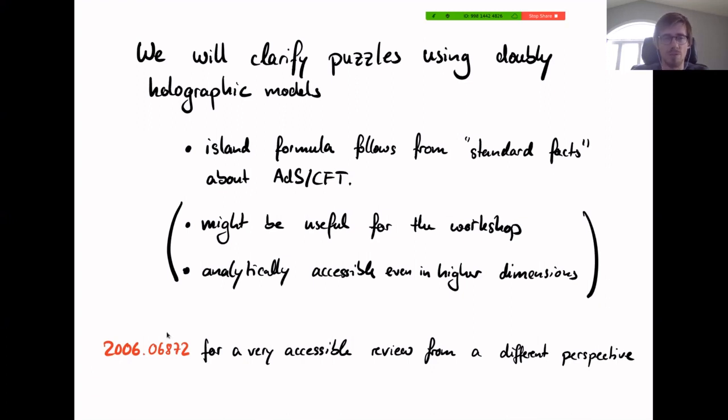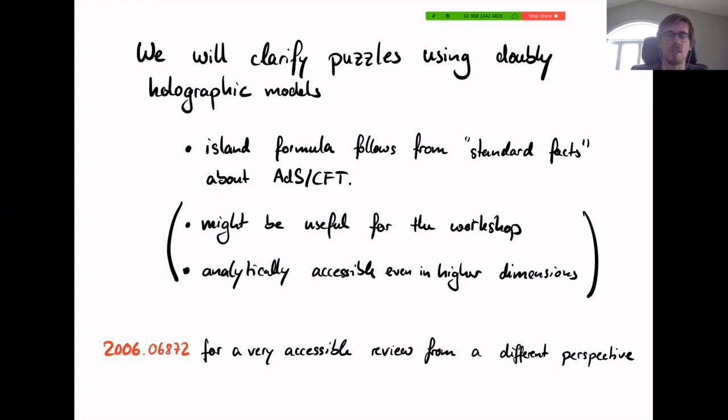And there's this wonderful review that appeared in June on the arXiv. It's super accessible, and I think it very nicely introduces a different perspective, which we don't really talk about here. Okay, are there any questions at this point about the island formula or anything else I've said? Great.